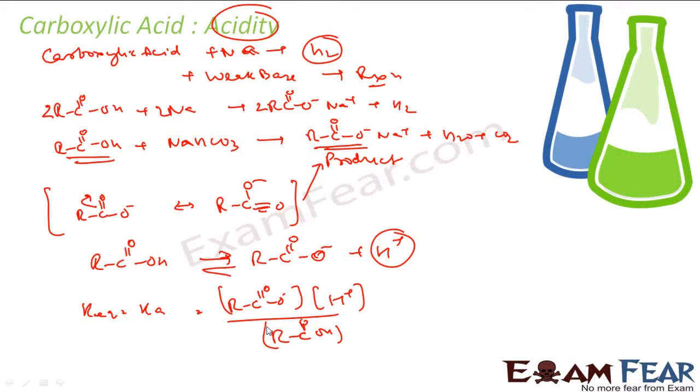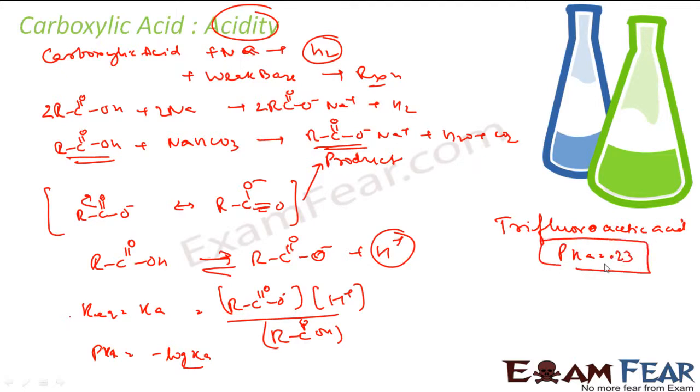The industry standard to find the acidity is pKa, which is nothing but minus log of Ka. This is the industry standard to find the acidity. And the strongest organic acid is trifluoroacetic acid, and this has a pKa of 0.23.